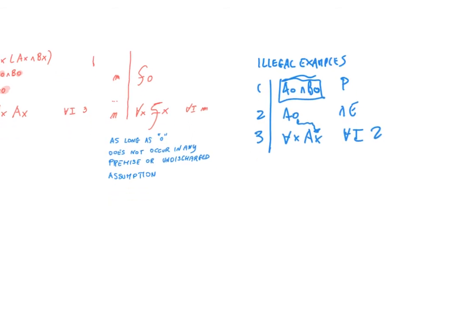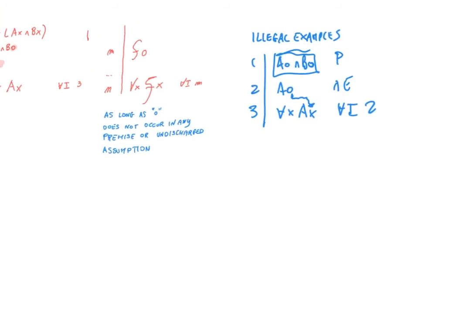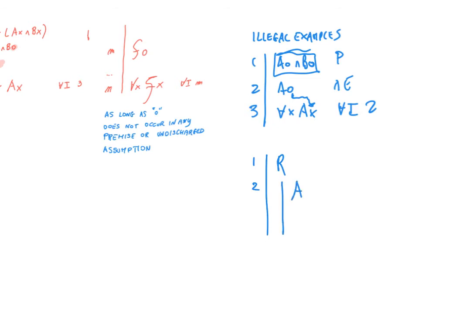Okay, so let's also see how this could be potentially problematic with undischarged assumptions. So suppose that I had some premise R, but then here I start a subproof for conditional introduction maybe.